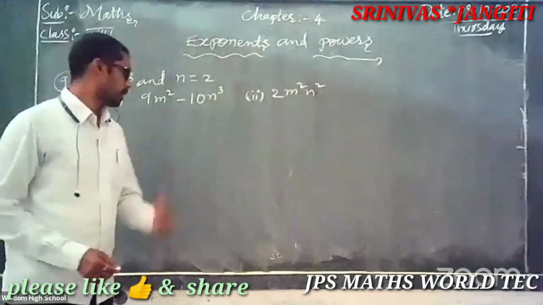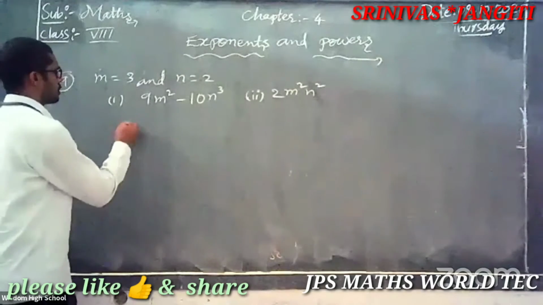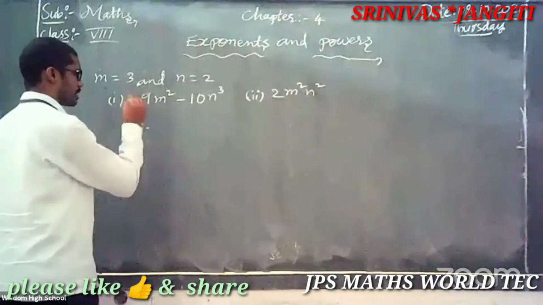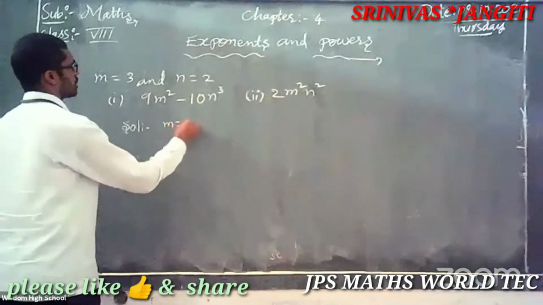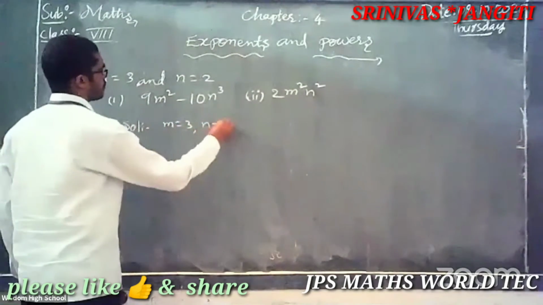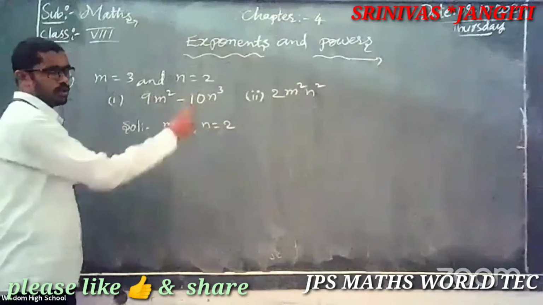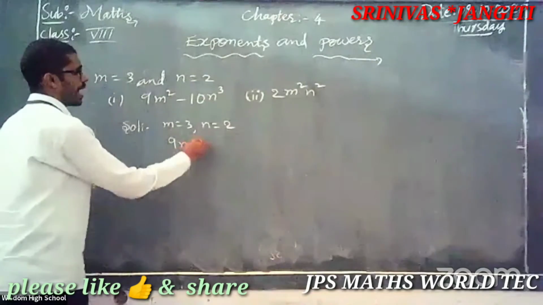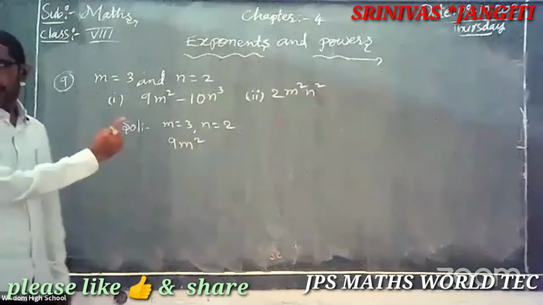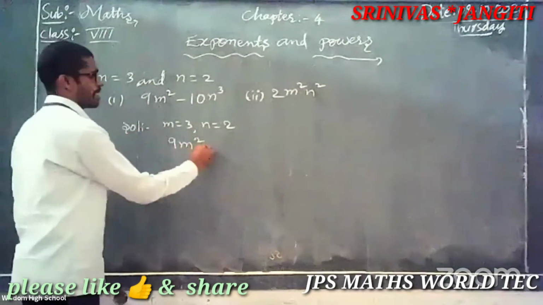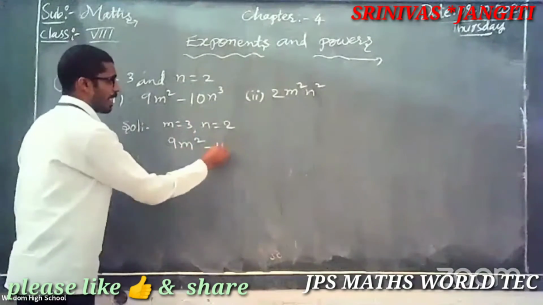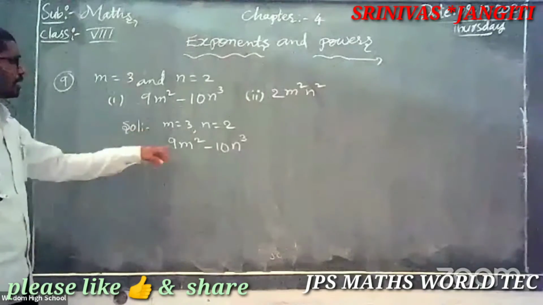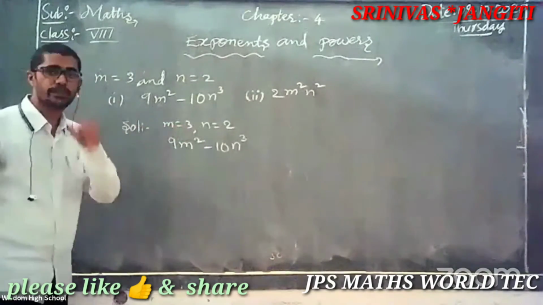Are you ready? Let's come to your solution. What is given first? m is equal to 3 and n is equal to 2. Now the problem is 9m squared minus 10n cubed. Already the m and n values are given.